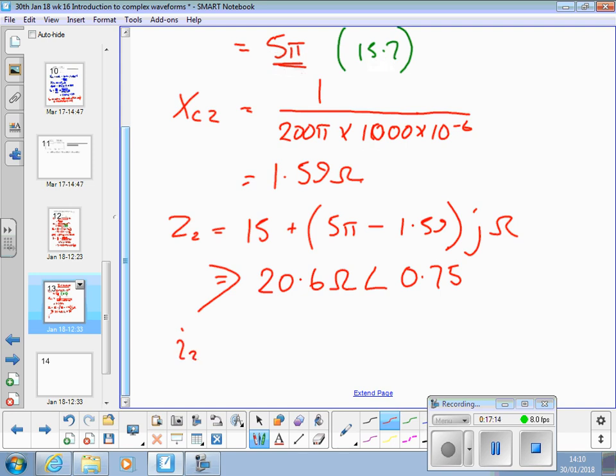Therefore I3, Catherine, not I3, I2. V3, V2. V2 is 55, isn't it?